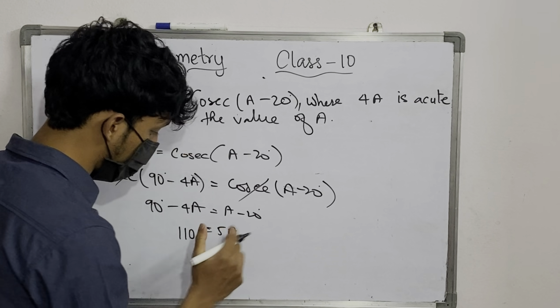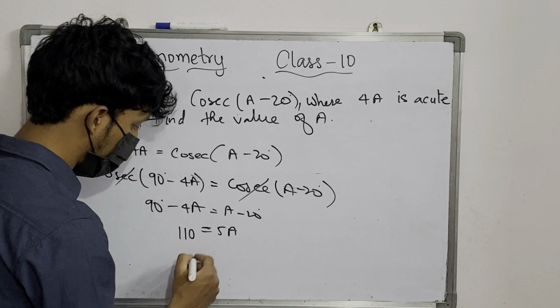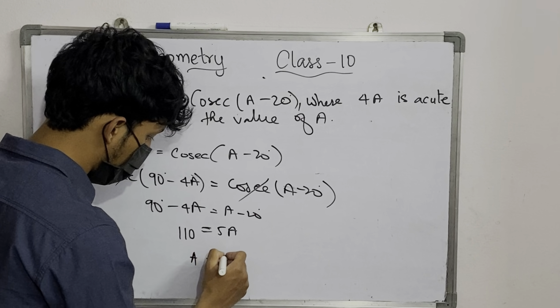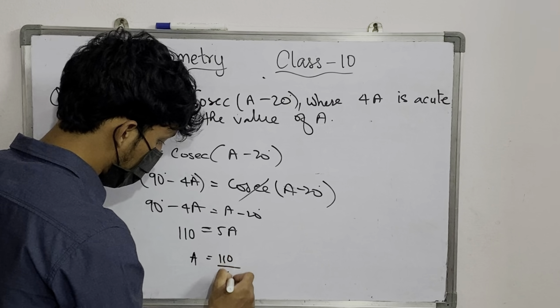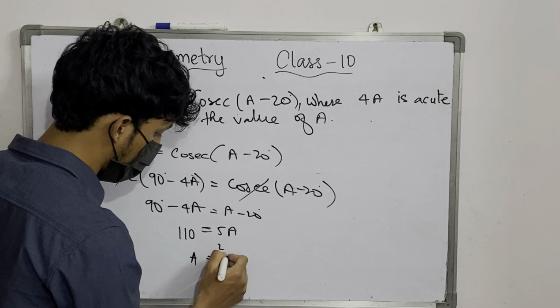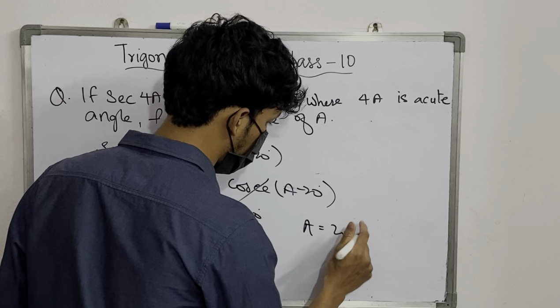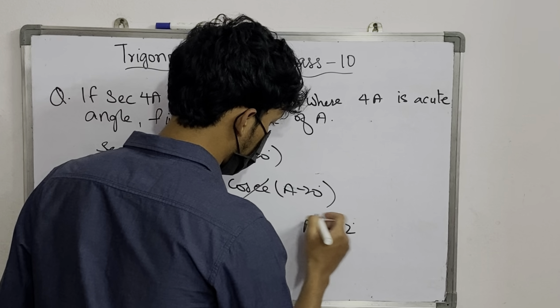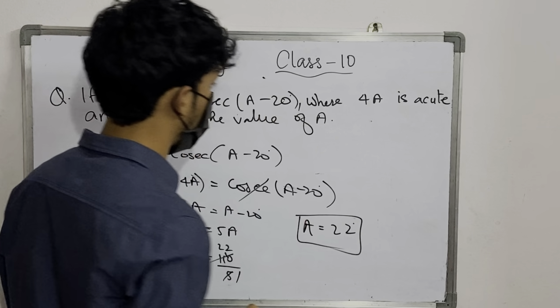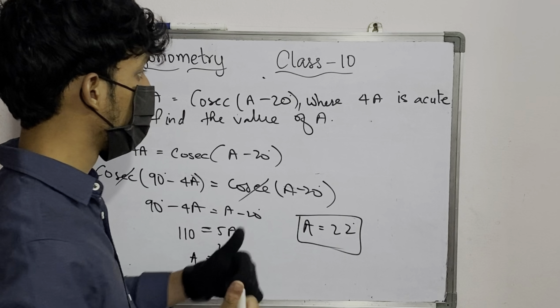You don't need to skip steps, guys, you need to write the steps. So a is equal to 110 by 5, and 5 ones are 5, 5 twos are 10, so we got the answer: a is equal to 22 degrees. This is how we solve this question, and we move to the next question.